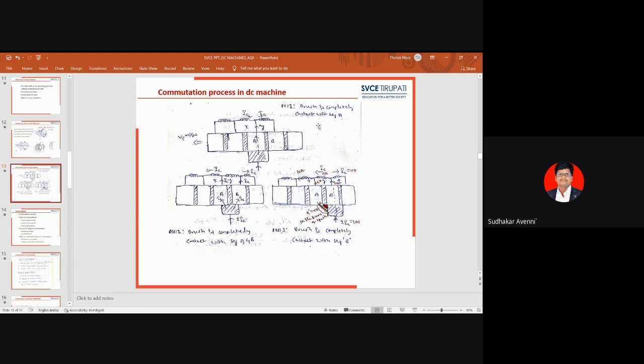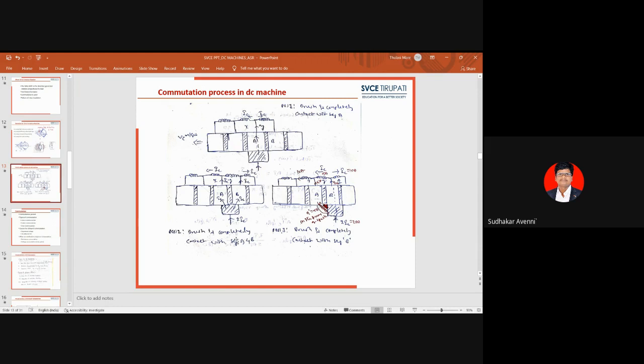Here you have to see that brush 1 is in complete contact with segment A. The current reversal takes place within the armature winding through the brushes, so when the brush is in full contact with segment A, there will be current flow in the X and Y sides.